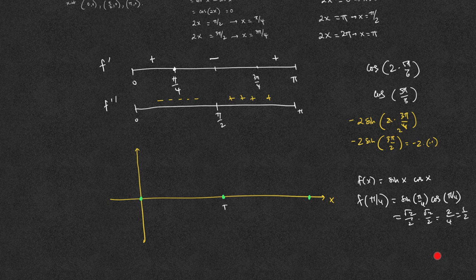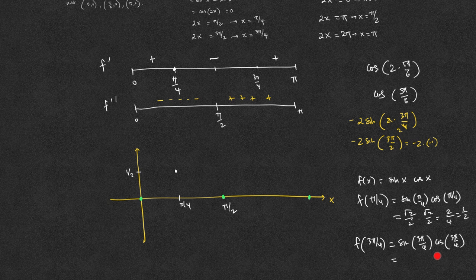When x equals pi over 4, the local maximum is 1/2. There is a local minimum at 3 pi over 4, so we evaluate f of 3 pi over 4 to obtain sine of 3 pi over 4 times cosine of 3 pi over 4.